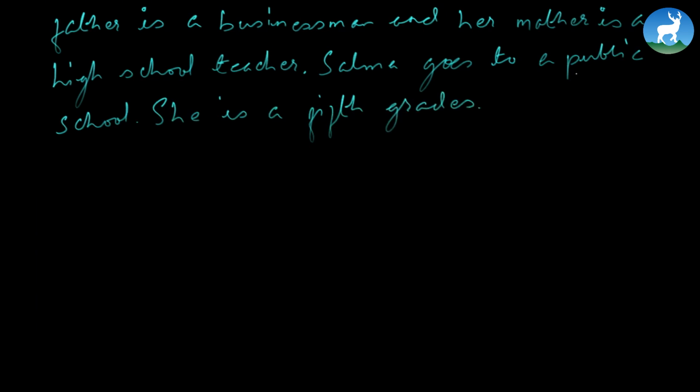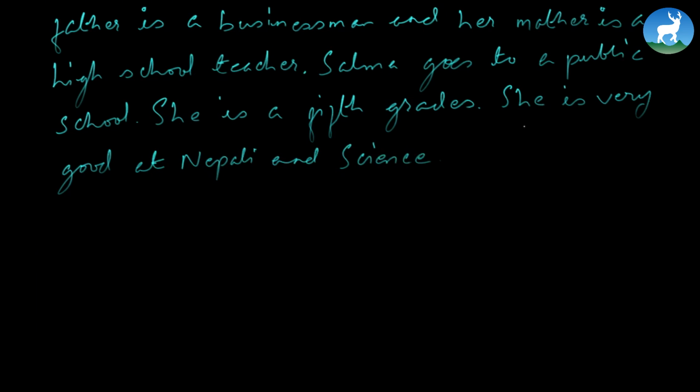She is very good at Nepali and science. You see, every child has his strength. So in this case, Salma is very good at Nepali and science. She needs to work hard on English and maths.